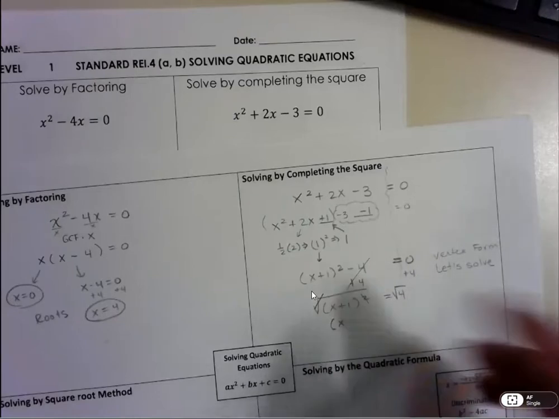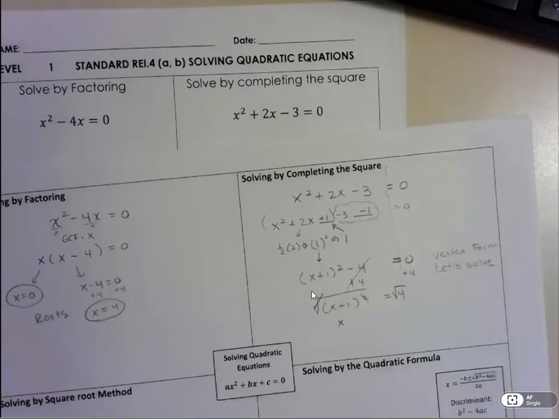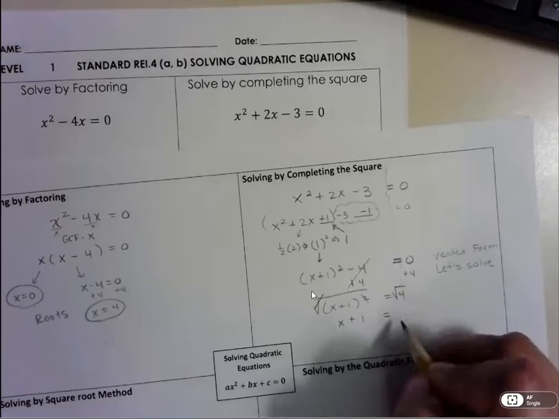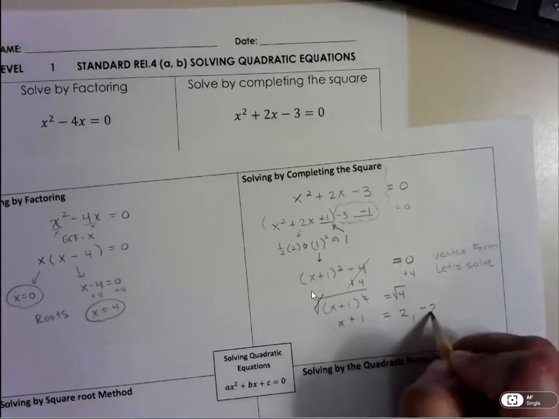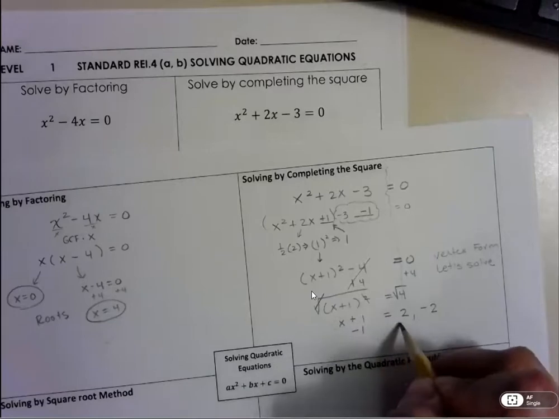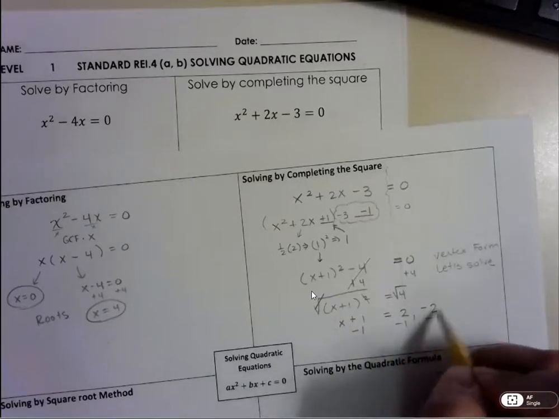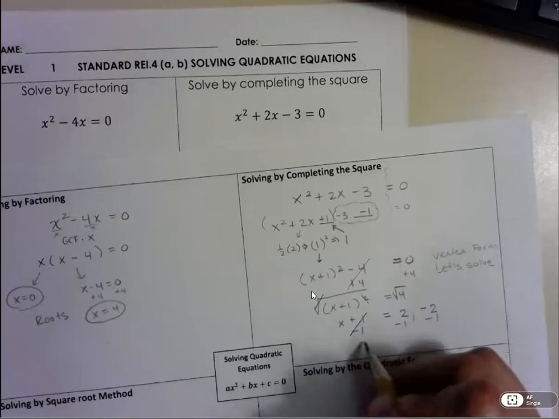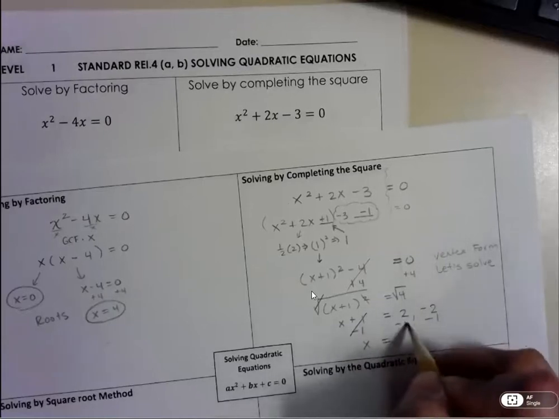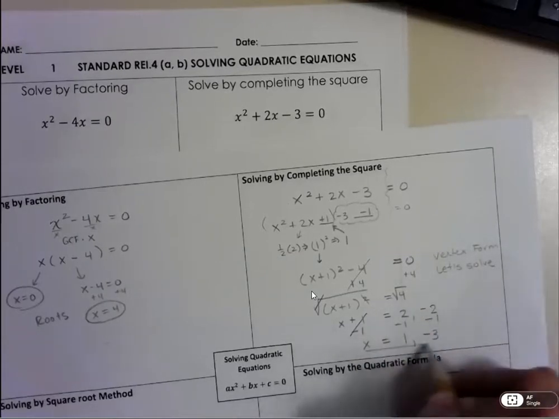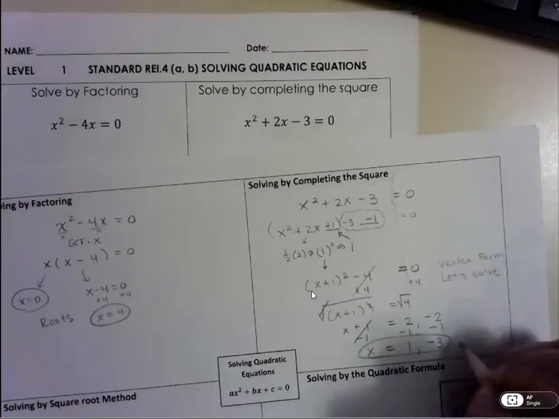We can drop the parentheses at this point. What's the square root of 4? It can be a 2 or a negative 2. When you subtract 1 from here, you have to subtract 1 from each of the roots, from each of the positive and the negative. So you have that x equals, what's 2 minus 1? 1. It's negative 2 minus 1, negative 3. So x can equal 1 or negative 3.